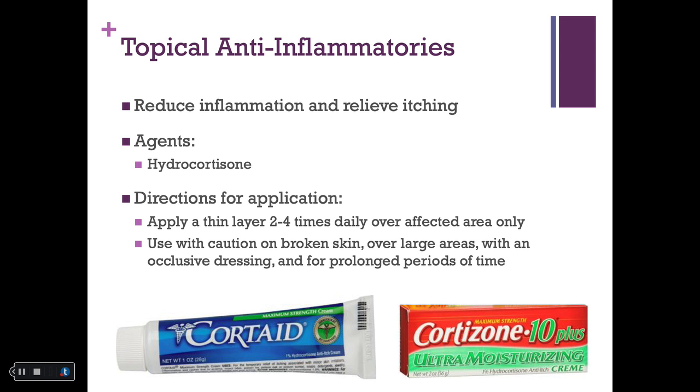Again, you apply this one 2 to 4 times a day, only on the affected area and only a thin layer. We don't want to have any overexposure for patients. That can happen if you put it on broken skin over large areas, wrap it really tight, and use it for a prolonged period of time. That can lead to too much exposure and ultimately have some problems.